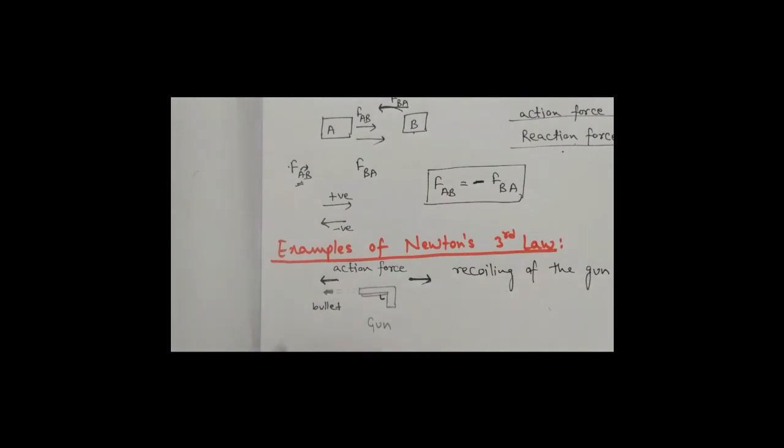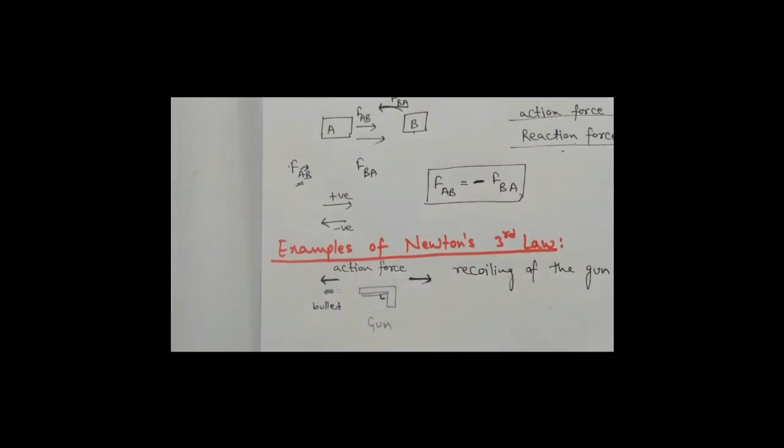Due to the movement of this bullet with a very high speed, there will be an action force in this direction. So according to the third law of motion, to every action force there is an equal and opposite reaction. So the reaction will be in which direction?